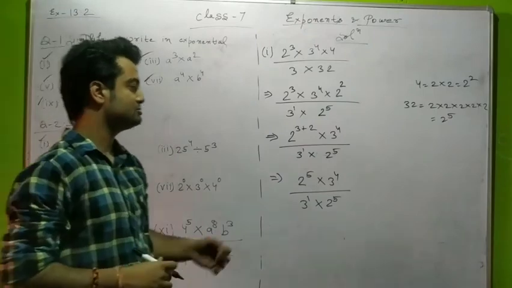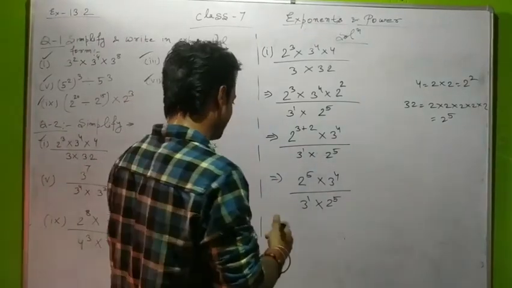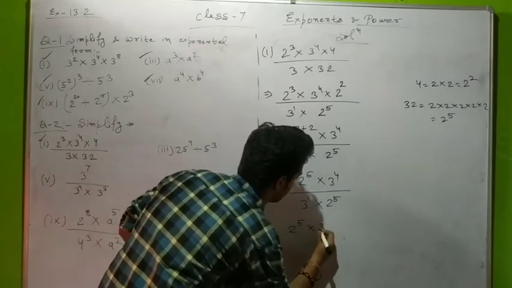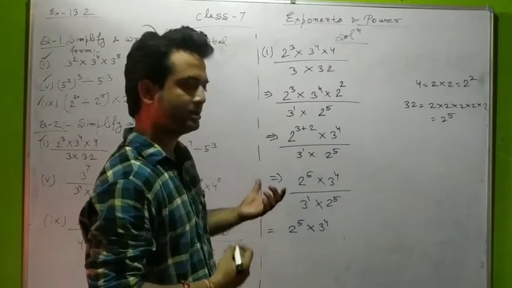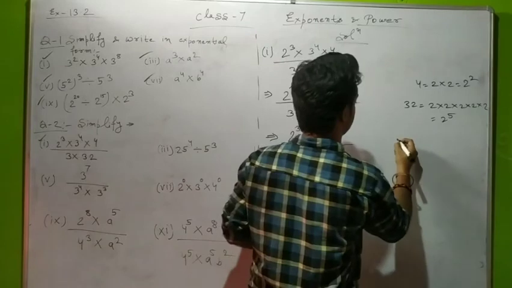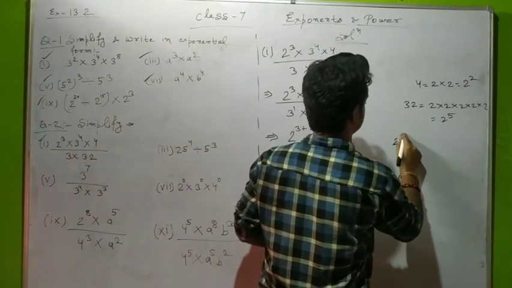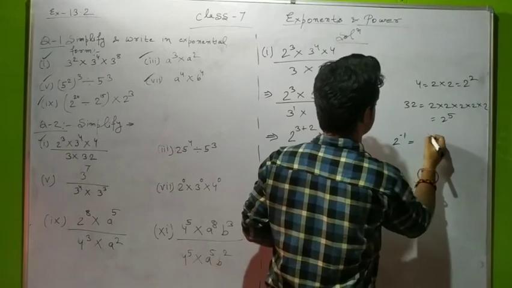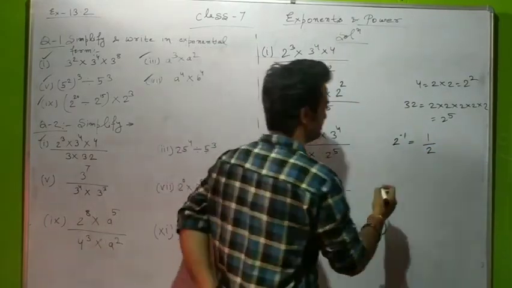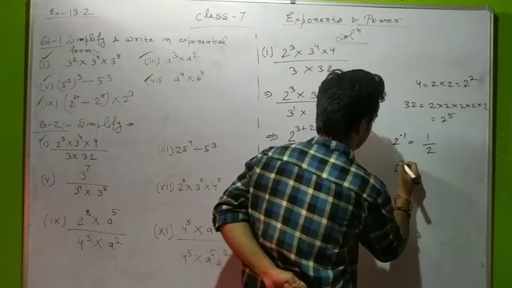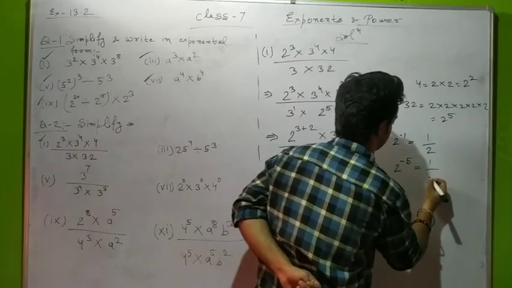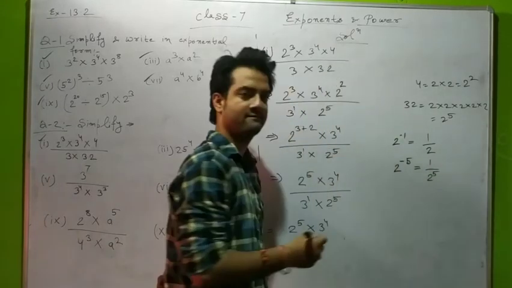From here, we can solve it using two methods. The method I am using is that, before proceeding, understand one thing. If you remember, in properties, we have discussed 2 raised to the power minus 1 can be written as 1 upon 2. Okay? It means that if it is 2 raised to the power minus 5, then it could be written as 1 upon 2 raised to the power 5.